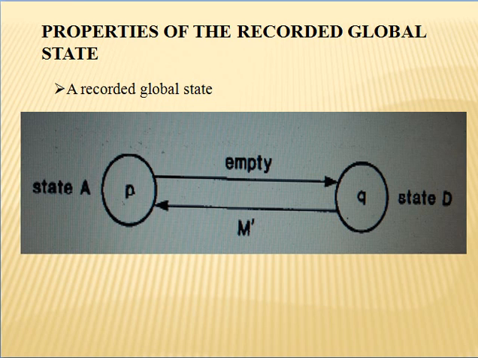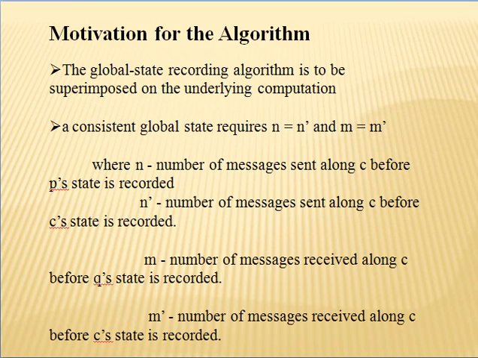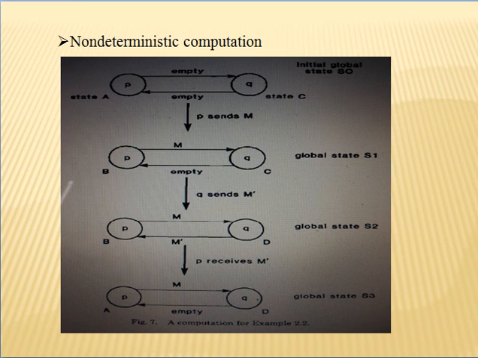On receiving the marker, Q will record its state, which is D, as already shown in the non-deterministic diagram.